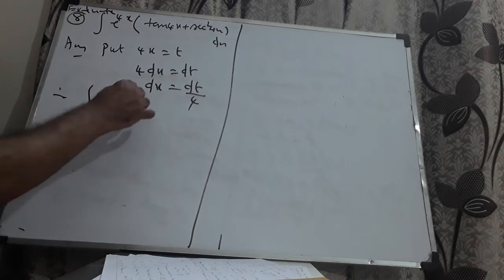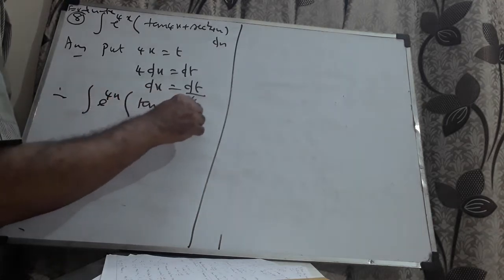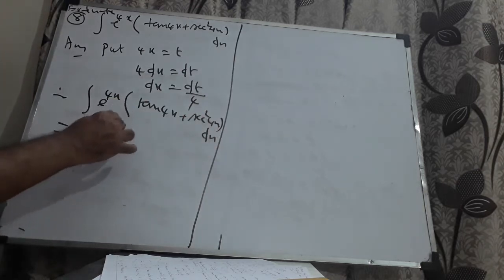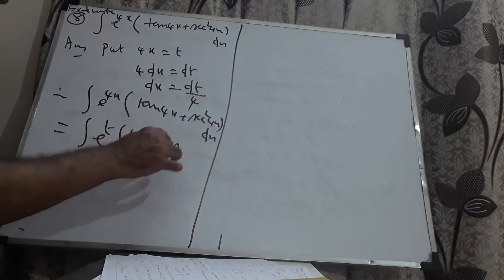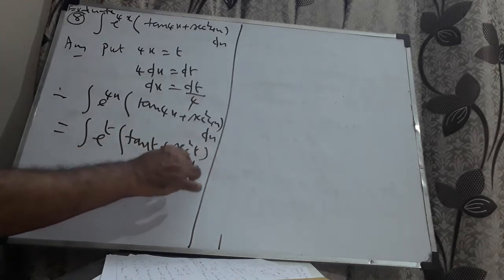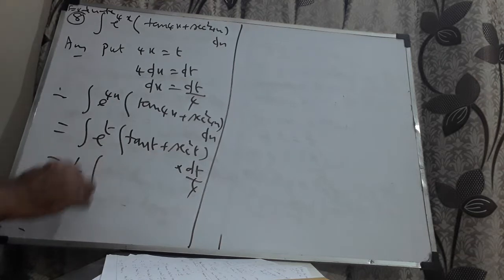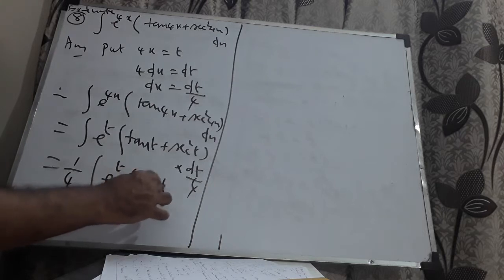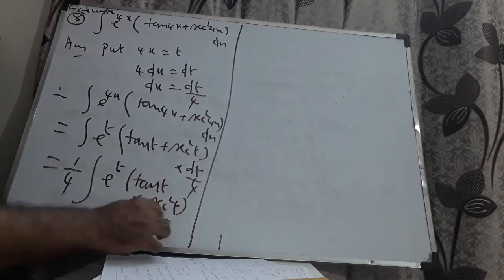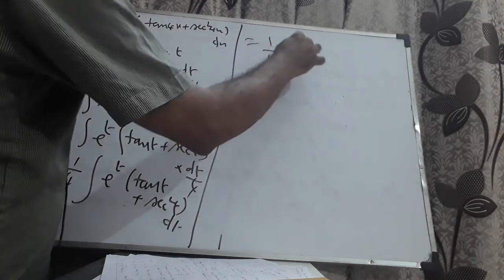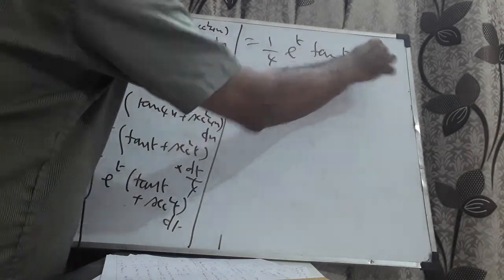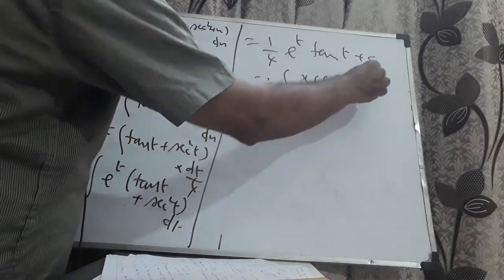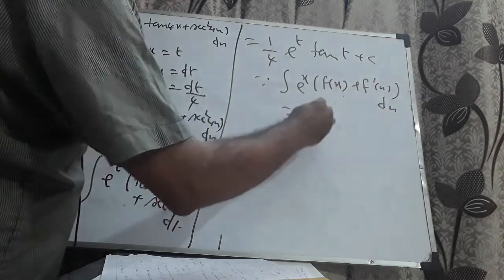Therefore, integral e power 4x into tan 4x plus secant square 4x into dx will be written in terms of t as e power t tan t plus secant square t into dt by 4. 1 by 4 being a constant is taken out of the integral. 1 by 4 integral e power t into tan t plus secant square t dt, which is reduced to 1 by 4 e power t tan t plus c, since integral e power x into f of x plus f dash of x dx is equal to e power x.